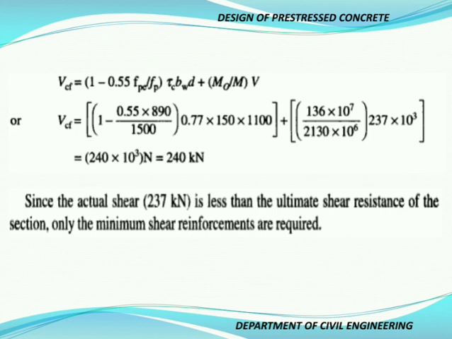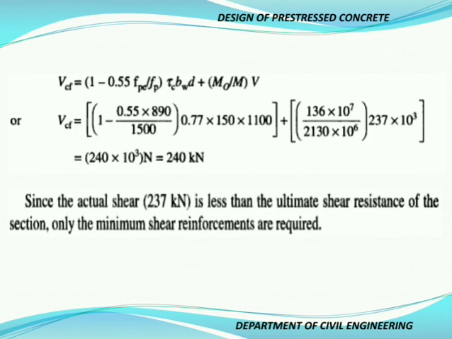In the calculation, be careful because it becomes a big equation. Substituting all the required values, we get 240 as the answer for Vcf. In the given example, along with the moment, the shear at the section is also mentioned. That is 237 kilonewton.